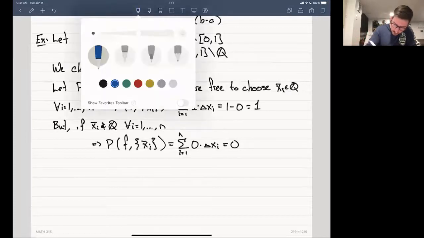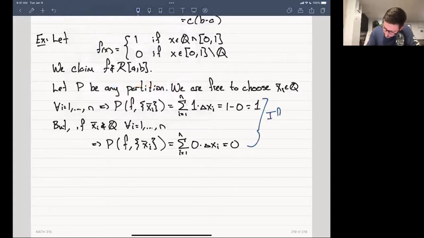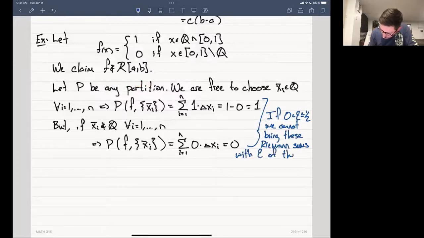So let's put a little note here. If 0 is less than epsilon, which is less than or equal to, say, 1/2, which is half of the distance between these two values, we cannot bring these Riemann sums within epsilon of the same number L, which means that this thing does not converge as the size of the partition goes to 0, because no matter how big or small the partition is, we can always choose the evaluation points.